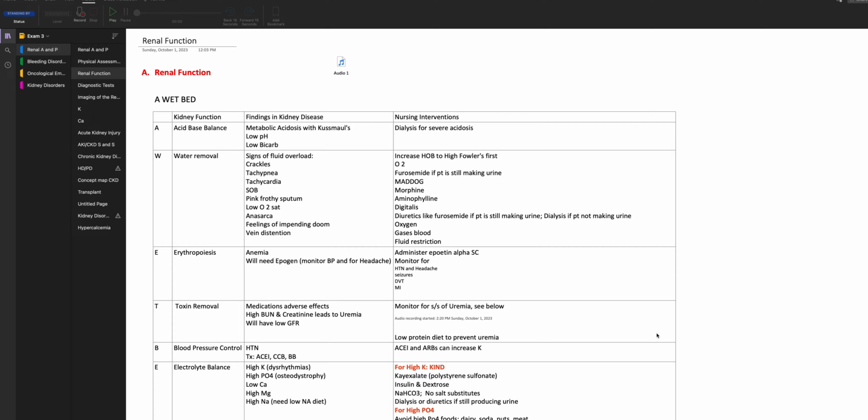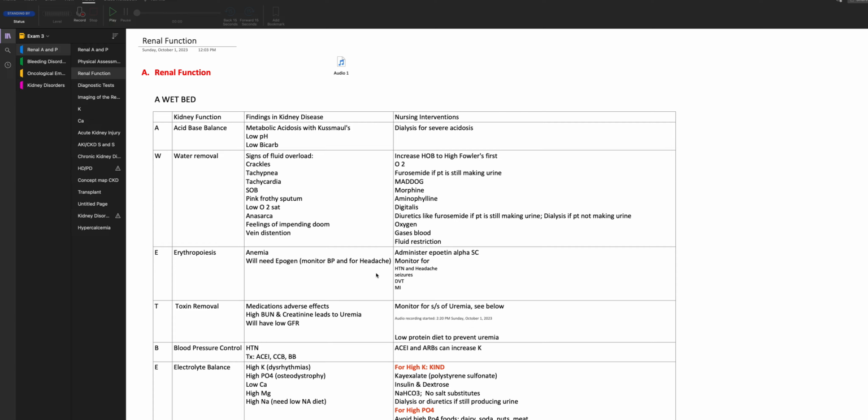Morphine, again, is a very good drug in fluid overload or pulmonary edema. Aminophylline, we don't really give that much, but that can also open the airways. Digitalis can help the heart pump more efficiently, or stronger, I should say. So that is something that can help with the pulmonary edema. And fluid restriction. I'm going to talk about the fluid restriction in kidney disease a little later.